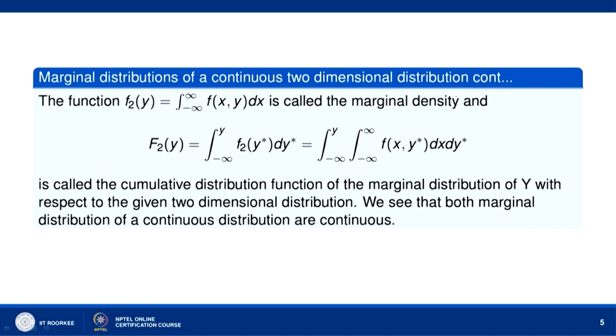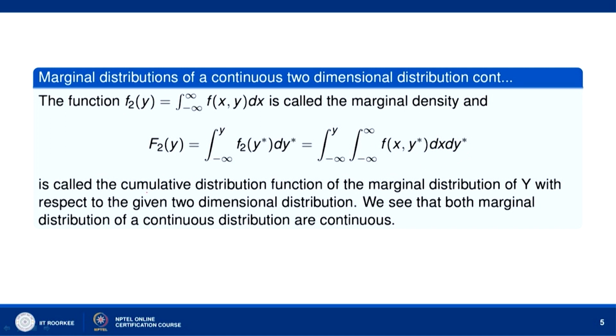It is called the marginal density, and the corresponding cumulative distribution function is F2(y) equal to the integral over minus infinity to y of f2(y star) dy star. Putting the value of f2(y star) here, we get the integral over minus infinity to y of the integral over minus infinity to infinity of f(x, y star) dx dy star.